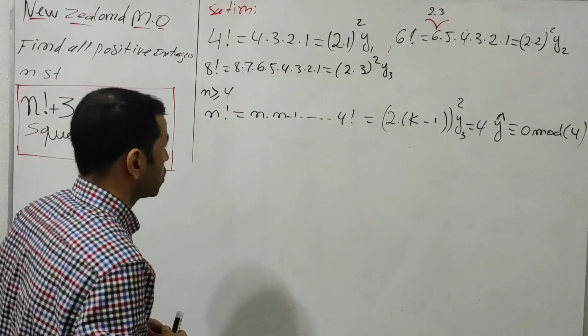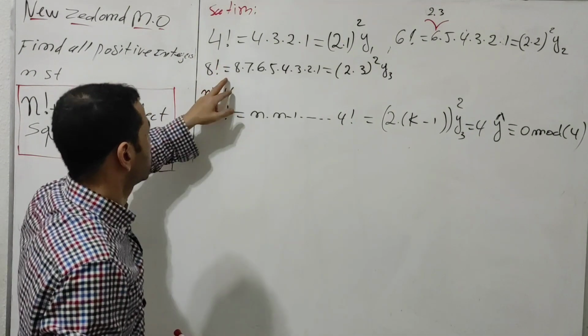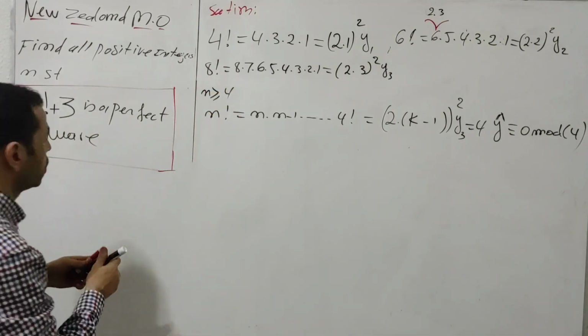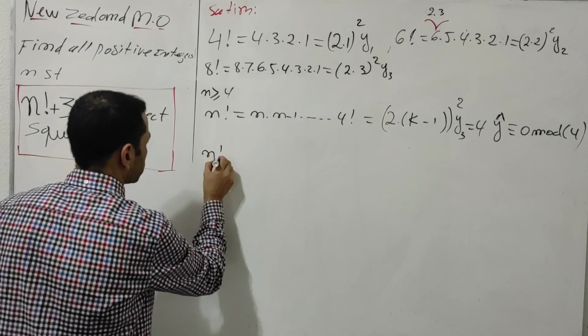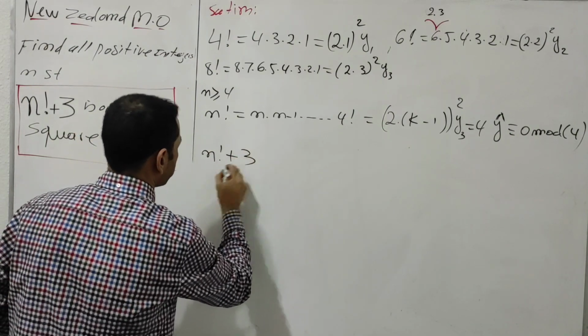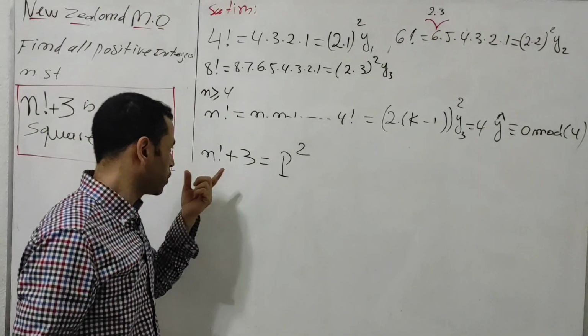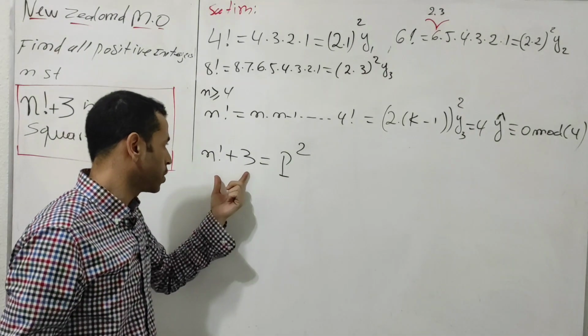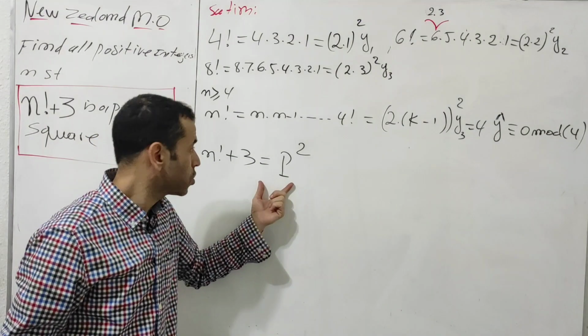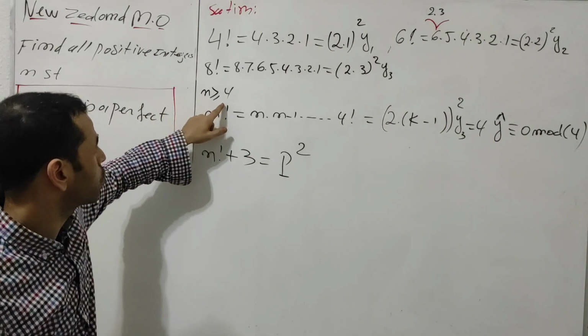Now let's move on to our question. We have n factorial plus 3. Here is the problem: we are going to prove that n factorial plus 3 is not a perfect square when n is greater than or equal to 4.